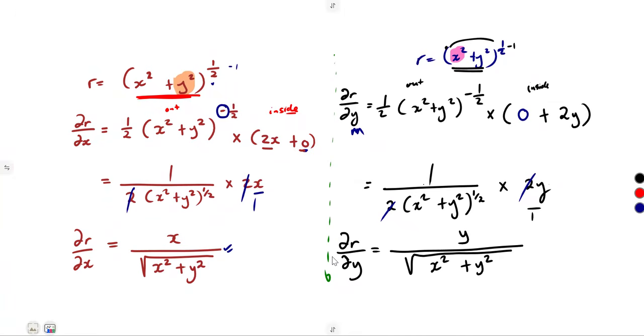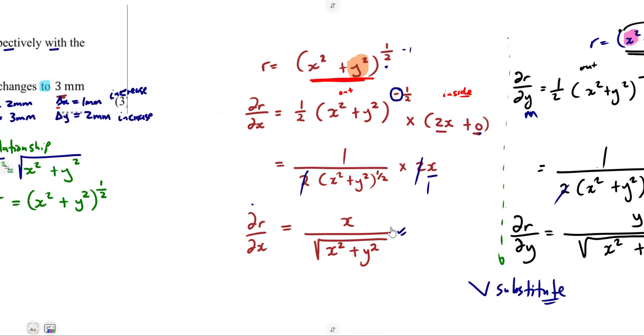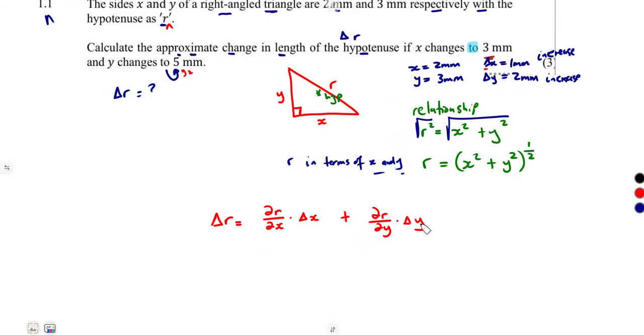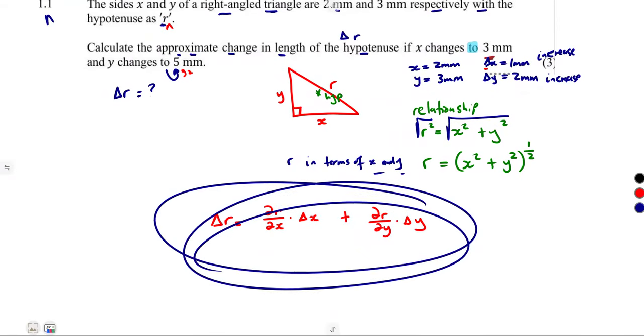So with these two, we can substitute back. Substitute in place of these two partial derivatives of r with respect to x and r with respect to y into this formula.